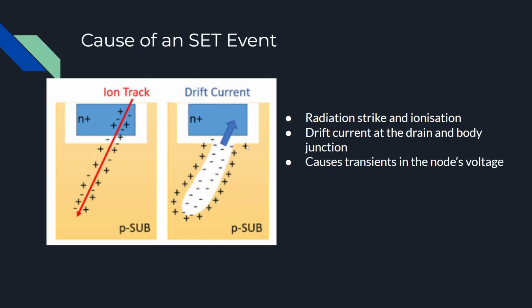These released charges flow due to the reverse bias applied across the junction, and when they flow into the capacitance at the node or through a resistance present at the node, they can cause the voltage of the node to get fluctuated, which can be a serious problem in some applications.